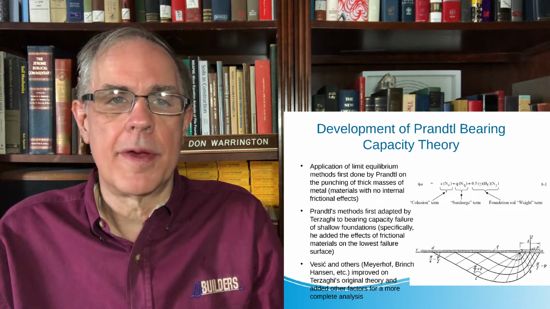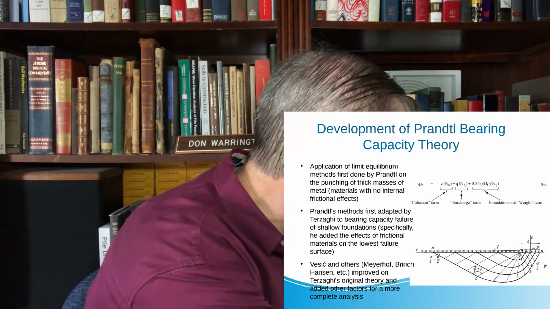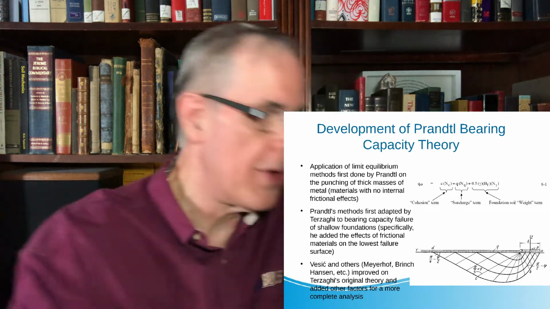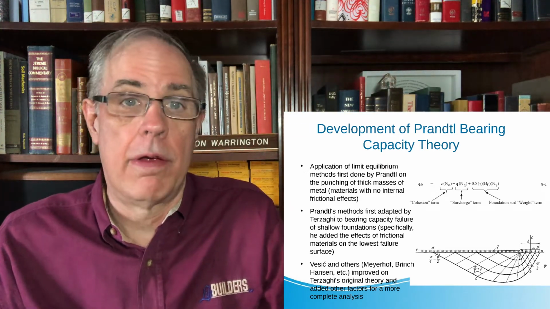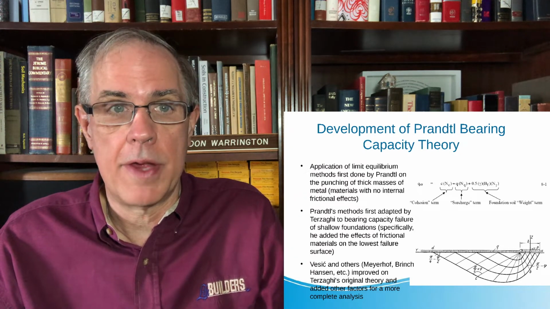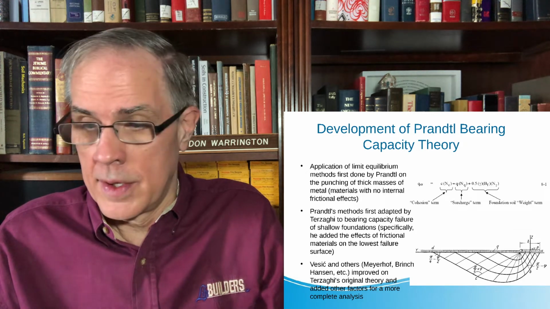He basically developed the upper bound solution that if you did a punch, you developed a failure surface that looked like this. And when this failure surface was completely plastic, you had failure, with irreversible plastic deformation.